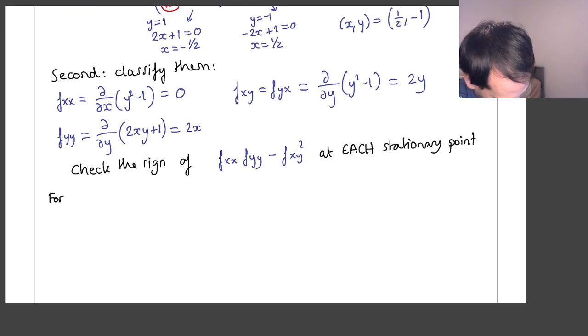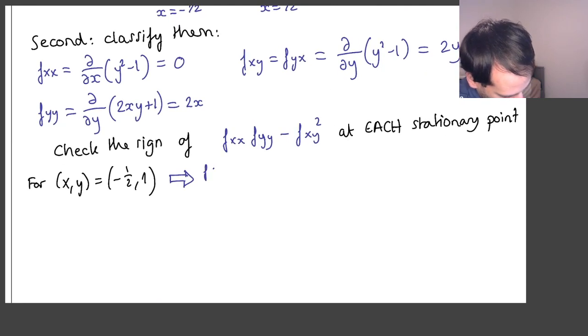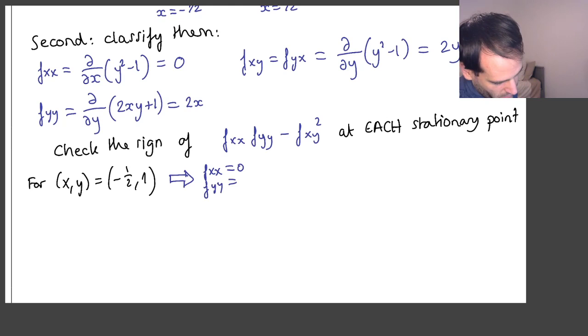For the first point, (x, y) equals (minus a half, 1). So I do that. Then fxx is 0, fyy is 2x, which is 2 times minus a half, that's minus 1, and fxy equals 2y, which is 2.